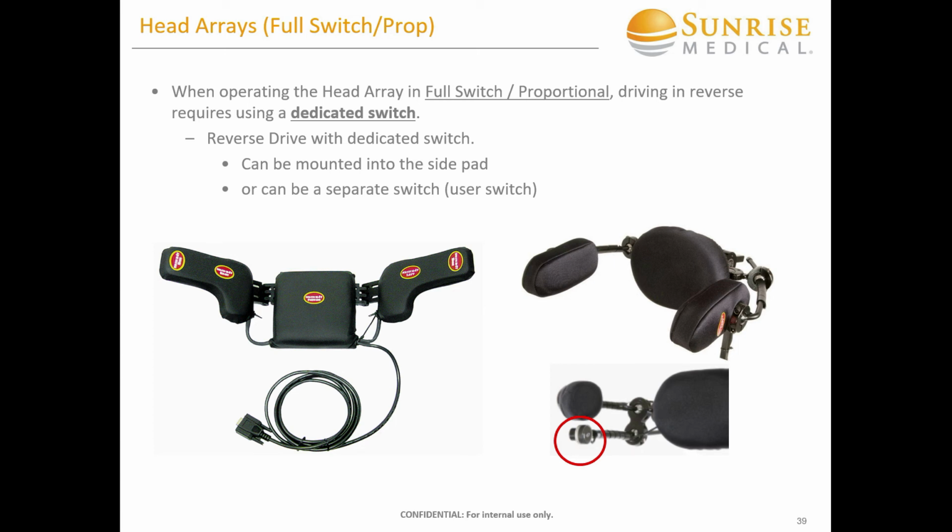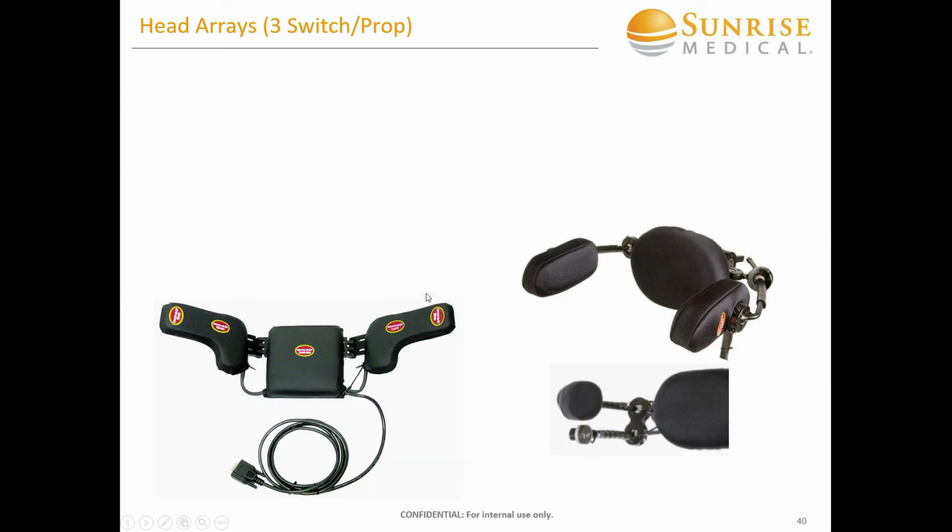This gives somebody who doesn't want to have to deal with timing or double taps or any of this other stuff the ability to drive in reverse with a dedicated switch. That's probably the easiest way to set it up because it doesn't require a bunch of other programming. But if somebody doesn't want to have another switch here in their proximity, we have other options as well. But those are the ways you can do it with a full switch or full proportional.